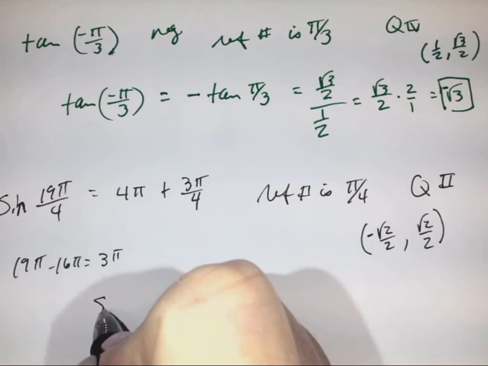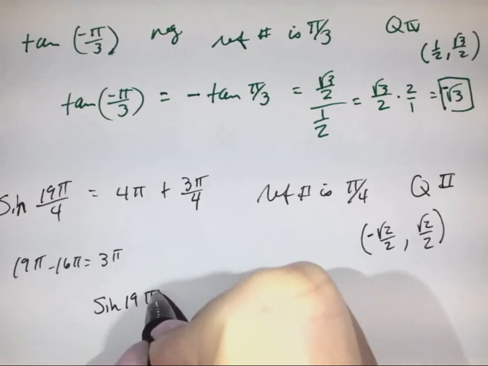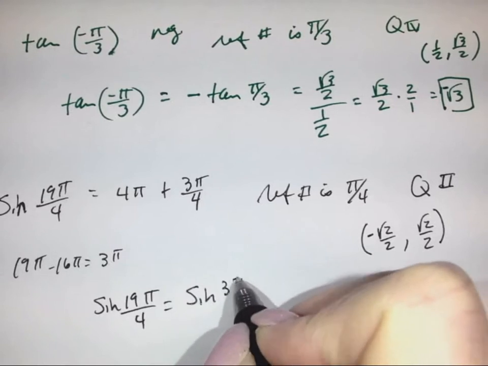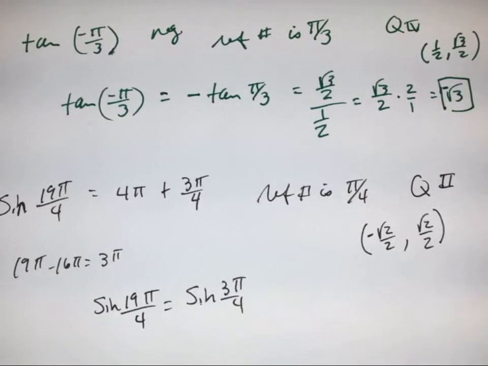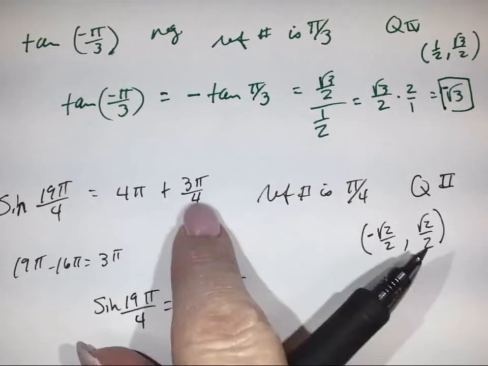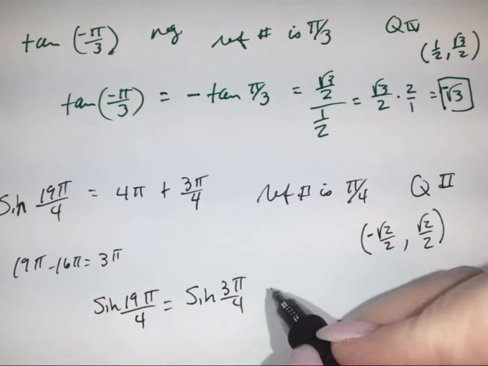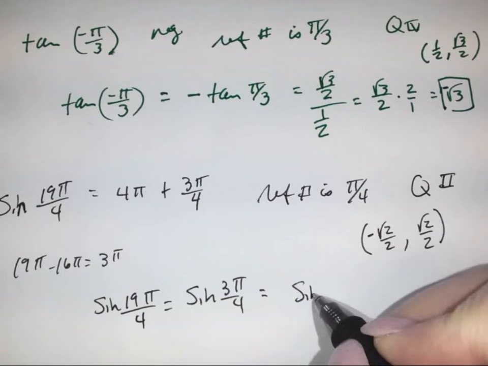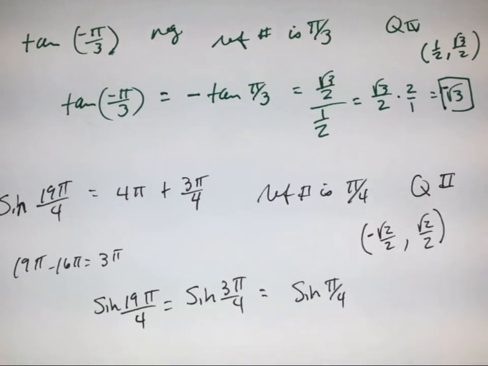So we know that the sine of 19 pi over 4 is equal to the sine of 3 pi over 4, because it's going to land in that spot. And the sine of 3 pi over 4 would be equal to the sine of pi over 4.